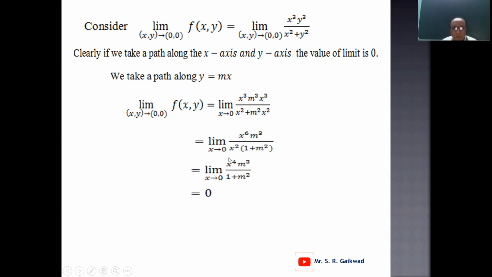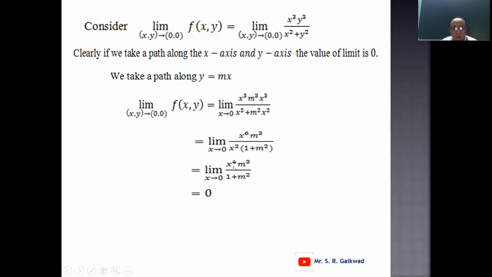Therefore equals limit as x tends to 0 of x cube into x cube, nothing but x raised to 6, into m cube upon, we take x square as common, in bracket 1 plus m square. Then clearly x square cancels. We get limit as x tends to 0 of x raised to 4 into m cube upon 1 plus m square.